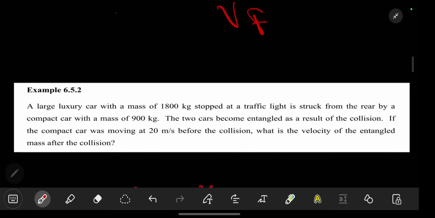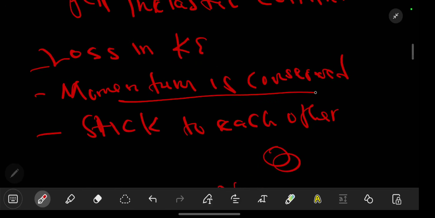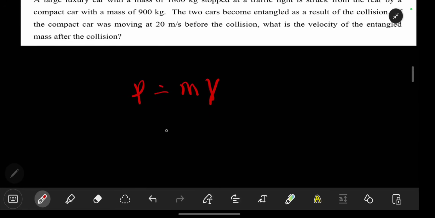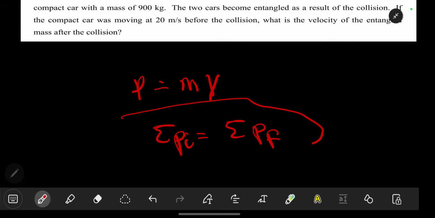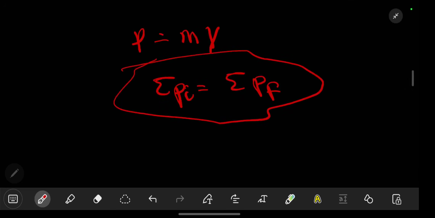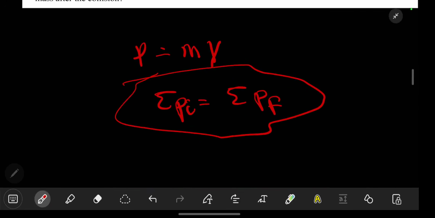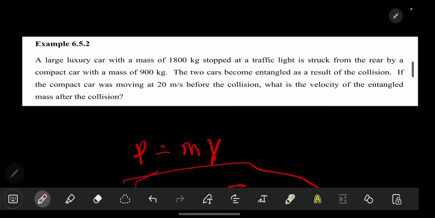Momentum is conserved. It means to say the momentum that you begin with, the initial momentum, is equal to the summation of the final momentum. If you haven't watched the introduction, kindly watch that. If you add the momentum of two objects, it should be equal to the momentum of the other objects. If there are two, if there are three, depends. So let's look at this one.